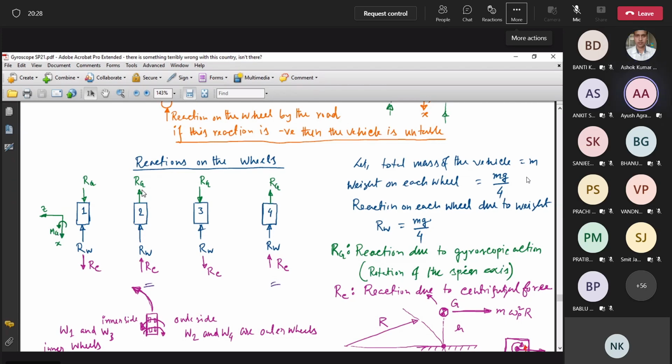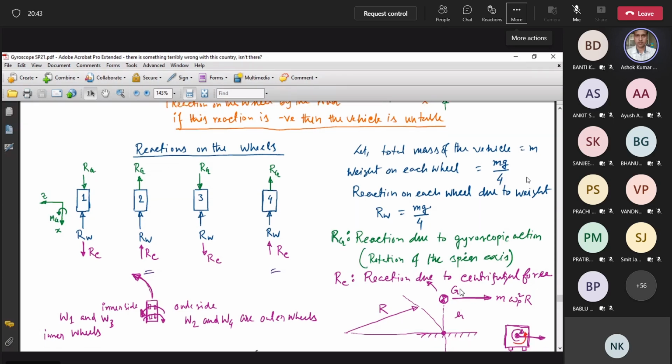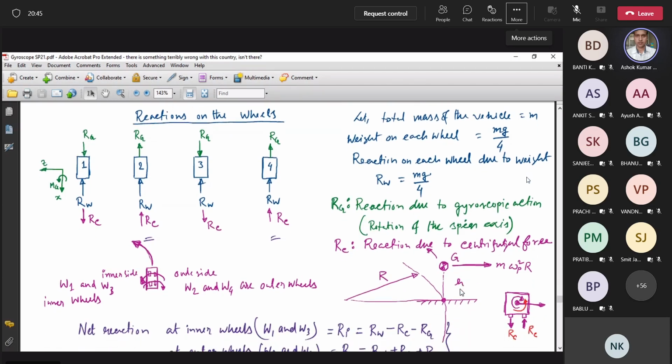Fine. Yes, sir. So similarly, RG, the same thing is for 3 and 4. Okay. Now, what is left is the reaction due to centrifugal force. Since it is taking a turn, there is some centrifugal force acting in the system.